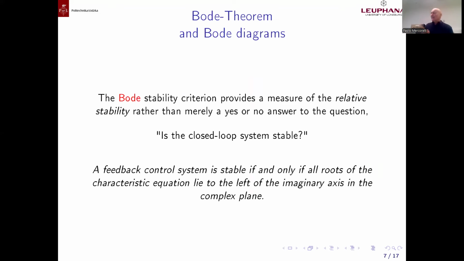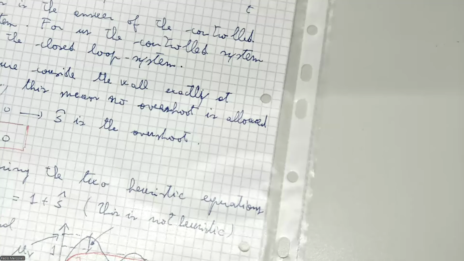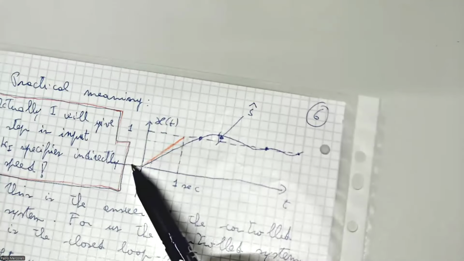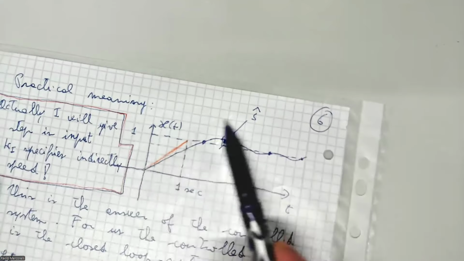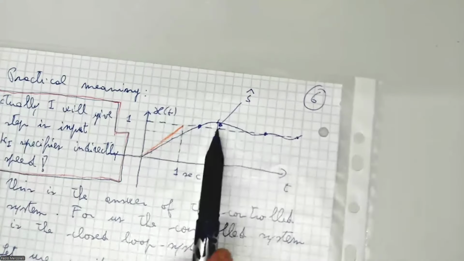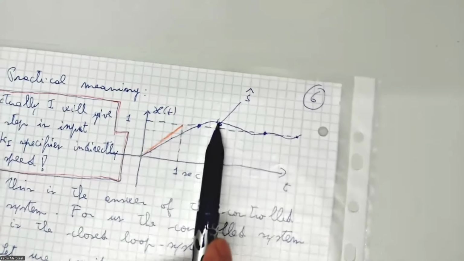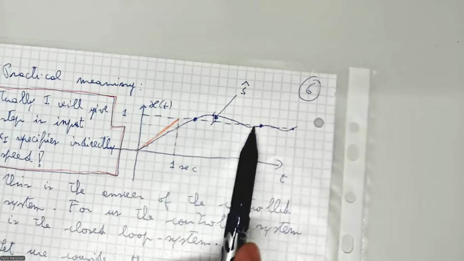But for our original problem, we want a system that does not diverge, but also does not exceed much, practically my goal.